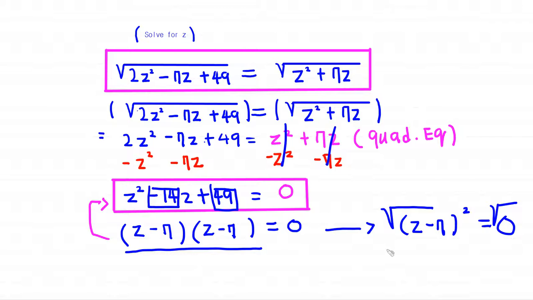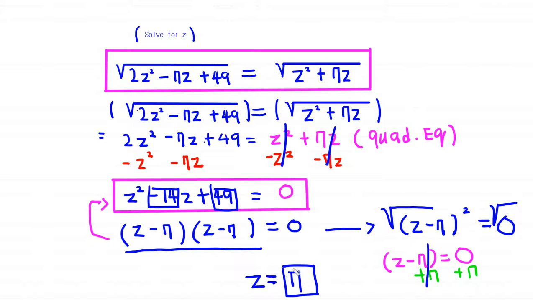So z minus 7 is equal to the square root of 0, which is just 0. If we add 7 to both sides, only z is left on the left side, so z is equal to positive 7. We have figured out the value of z: it is equal to 7.